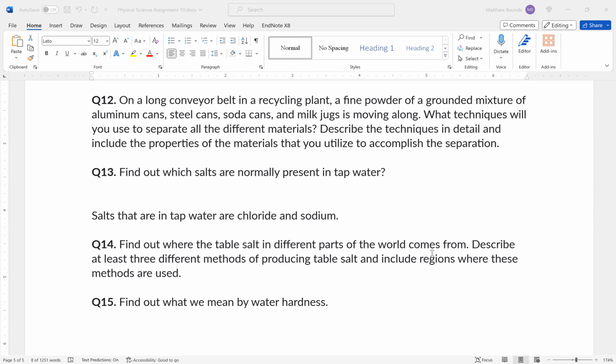It says water hardness is the amount of dissolved calcium and magnesium in water. Okay, so can you put together a sentence or two for that?